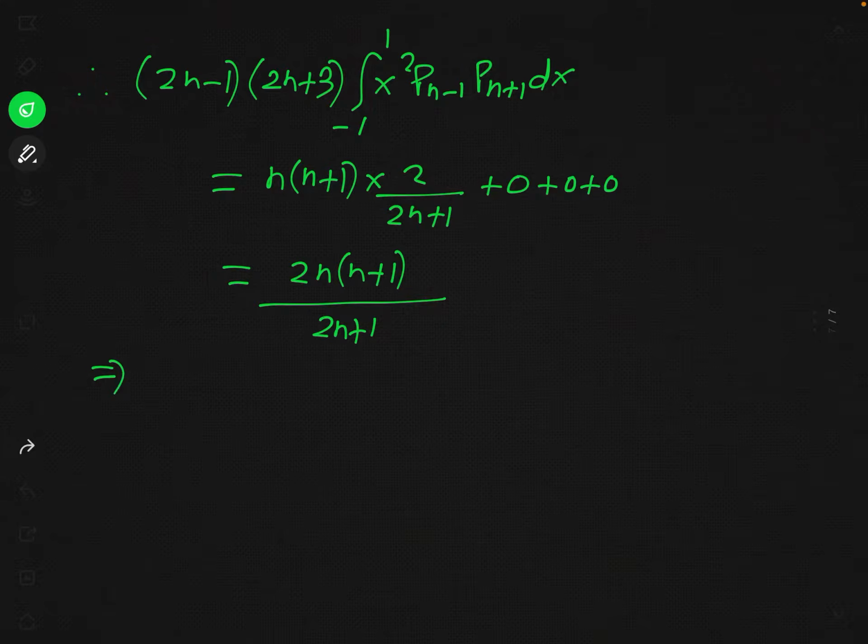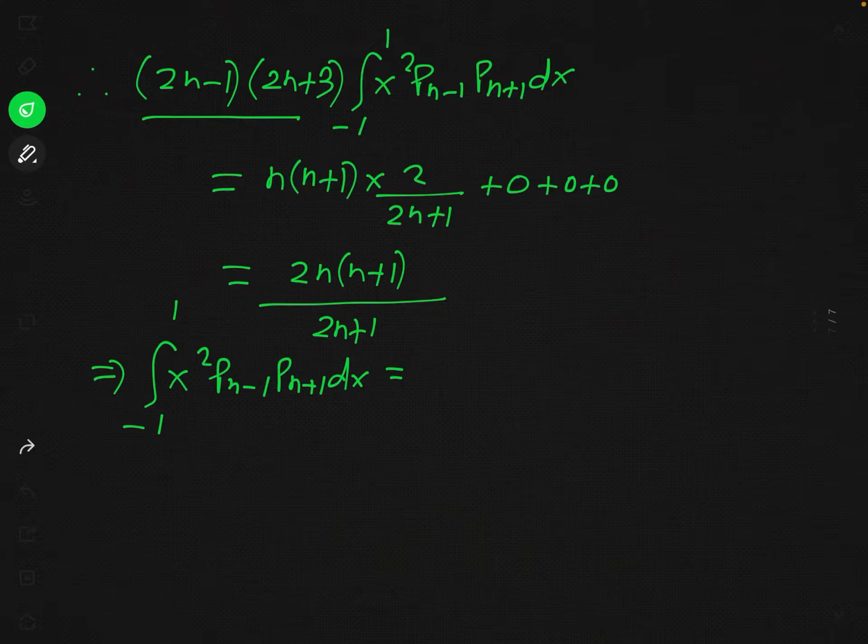So you can see now what will be the integral minus 1 to plus 1 x square Pn minus 1 Pn plus 1 dx.